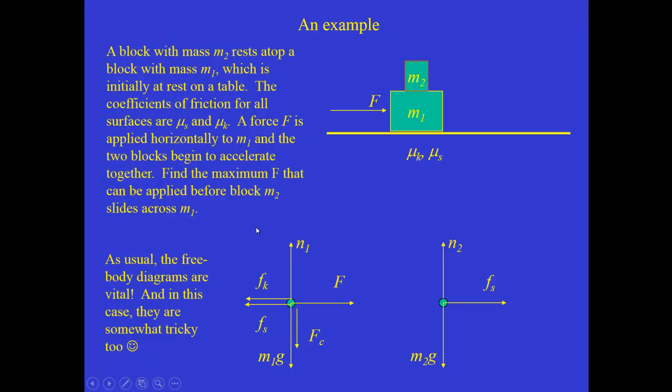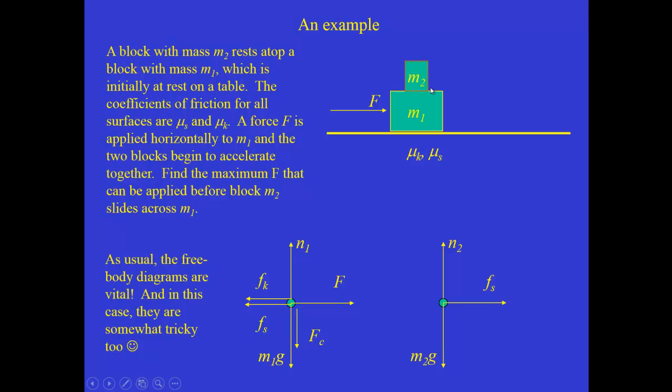So these free body diagrams are actually quite revealing, and they're also pretty complicated. But if you can draw the free body diagrams correctly, then you're well on your way to solving problems involving friction. If it's a little bit confusing how I know how to draw these arrows, here's how I think of it. The frictional force acts in a direction that opposes what would happen if there were no frictional force.